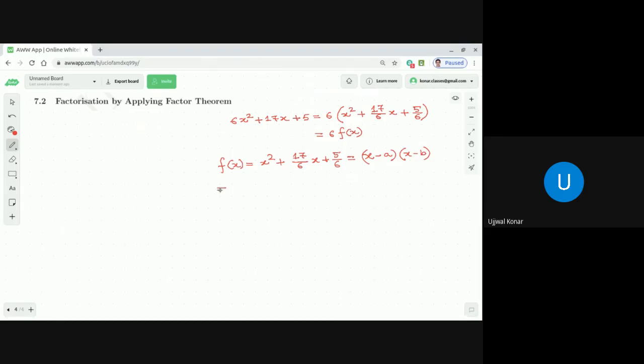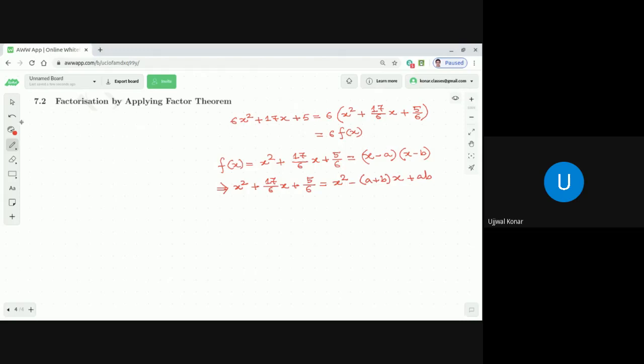This implies x squared plus 17 by 6 into x plus 5 by 6 is equal to x squared minus (a plus b) into x plus a into b. And our concentration is on a into b. If you recall, dear students, x squared plus 17 by 6 into x plus 5 by 6 equal to x squared minus (a plus b) into x plus ab is an identity.